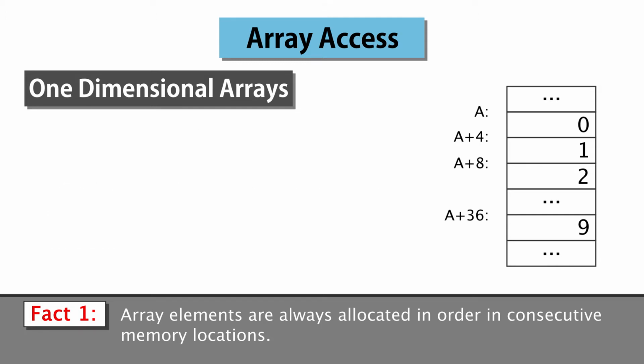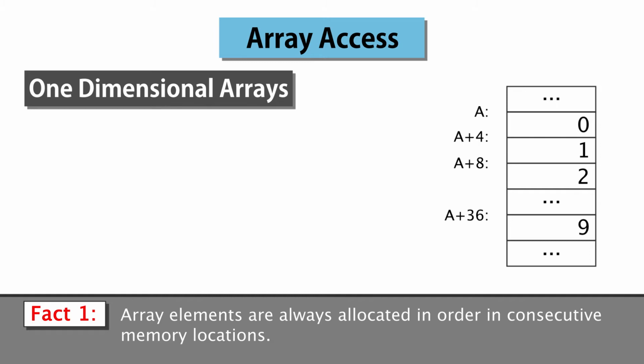Now let's talk about accessing the ith element of the array. We have the address A of the start, or base, of the array, and we also have the index i of the element we'd like to access. Because of fact 1, we know that there are i elements preceding A[i] in the array, and each of them occupies 4 bytes.